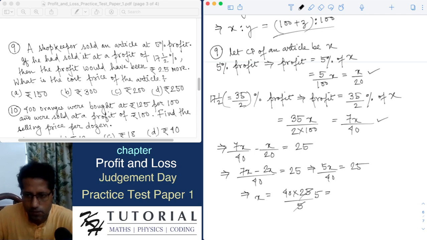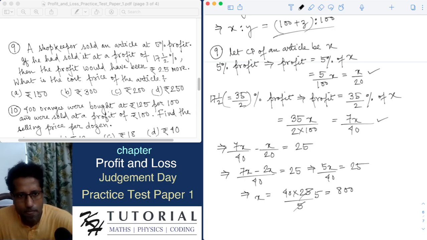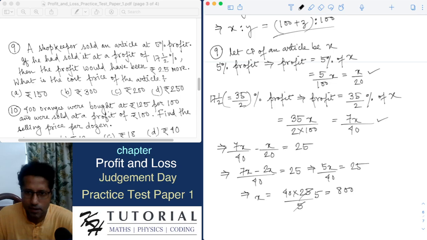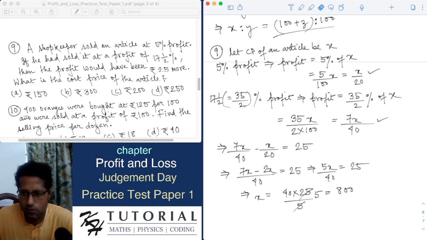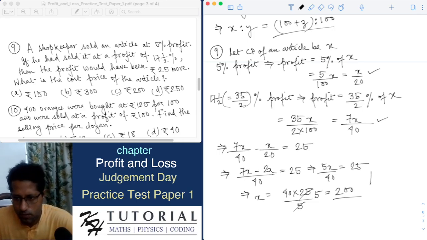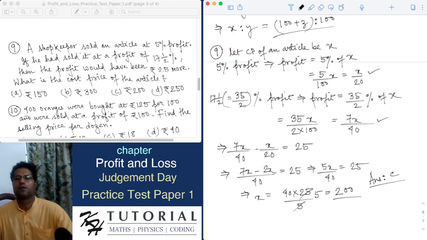Oh, 40 into 5, that is 200. Sorry. So 200 rupees is the cost price of an article. So the answer is choice C. C is the correct choice.